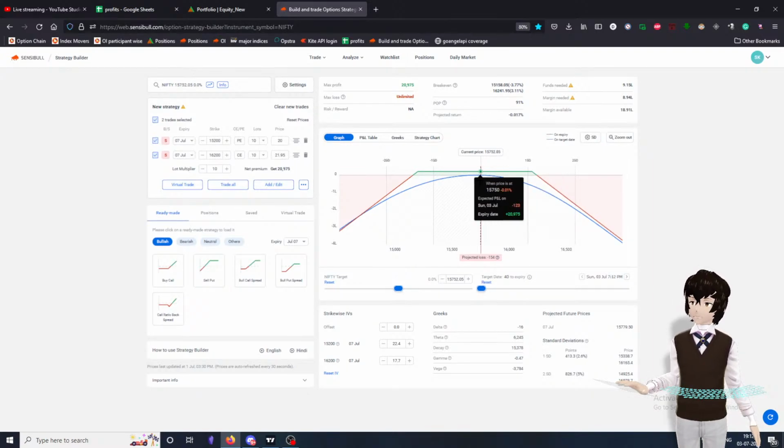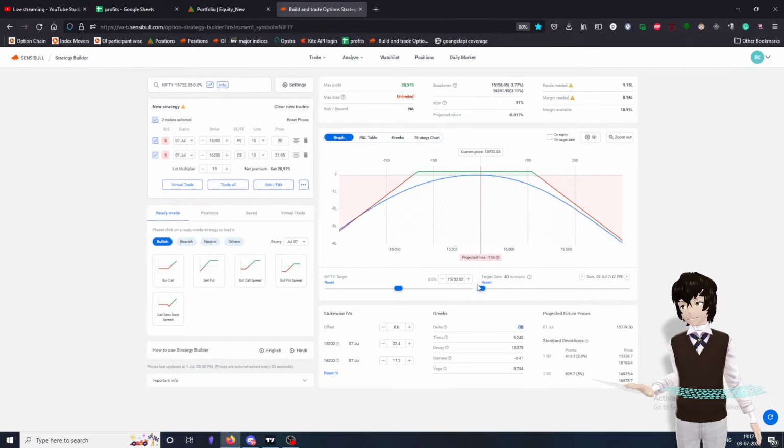Usually in a non-increasing VIX environment, this will always try to match each other out because of the delta move. And if you have many days in a spread, then there will be some theta decay also. So you always stay kind of positive, if not negative, when you make a strangle like this.